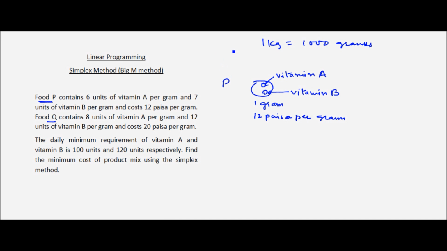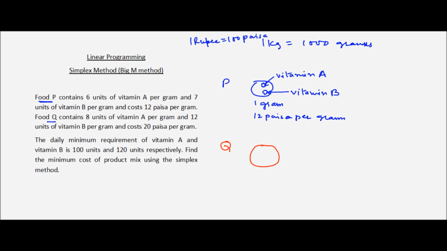Now paise and rupee have the relationship of 1 rupee is equal to 100 paise. Now there is another type of food Q, which contains 8 units of vitamin A per gram.